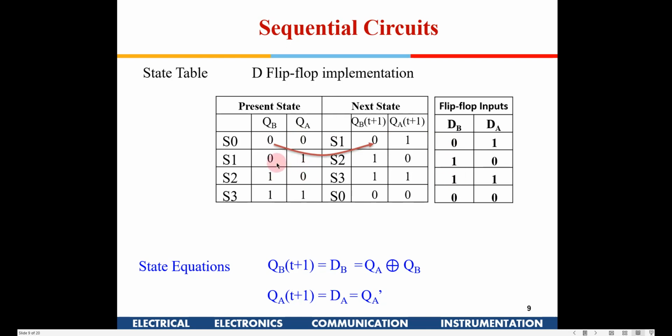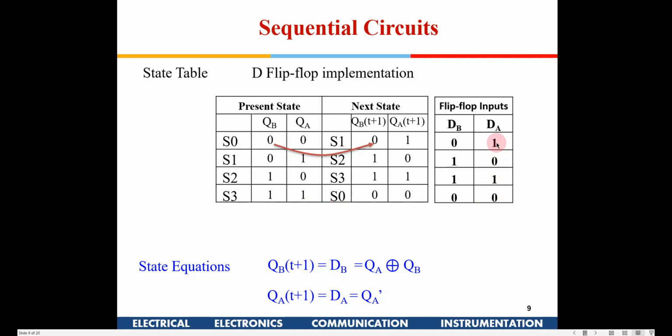What is 1 and 1? It is QA bar QB and QB bar QA. You still will get QA exclusive OR QB. So visually also we can see. Otherwise, if you write the Boolean expression, we will get it.